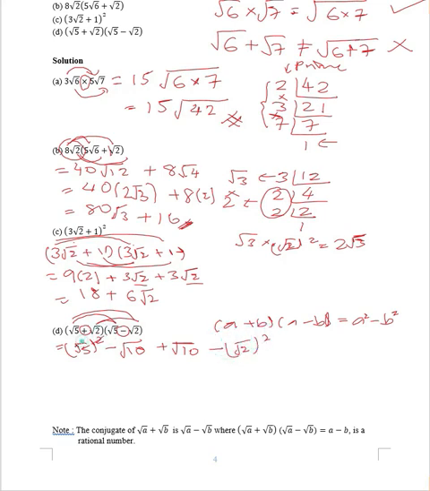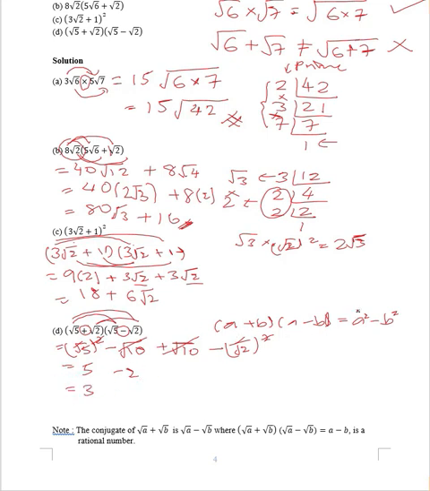So the root 10 can be cancelled off, and you're left with 5 minus 2. This root 10 has been cancelled off because it's just the same number and minus each other. So 5 minus 2 is just 3.